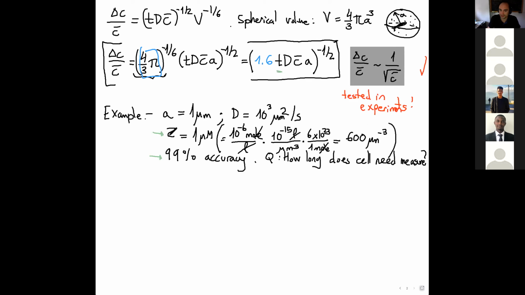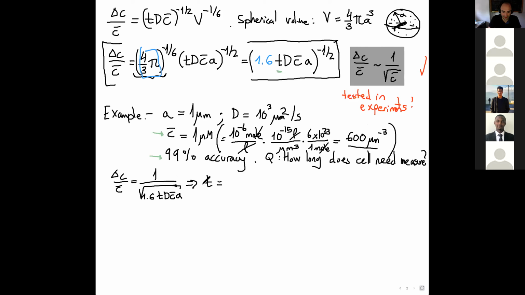This is C bar. I want to know T. In reality, delta C divided by C bar is 1 over the square root of 1.6 T D C bar A. This is the formula. So I put T on the left and I square.